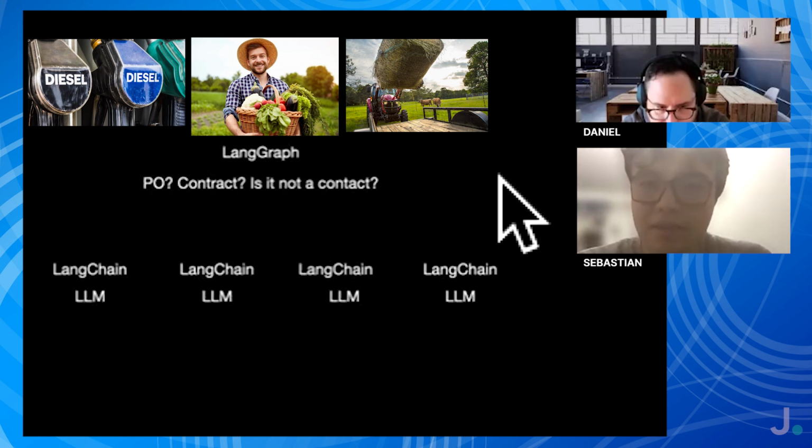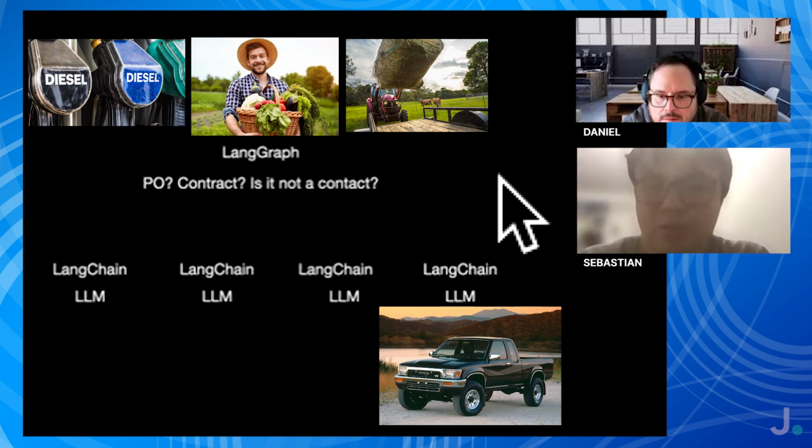Based on that data, the agent is saying, okay, it is more probable that he wants a Toyota. So go to Toyota. Got it.